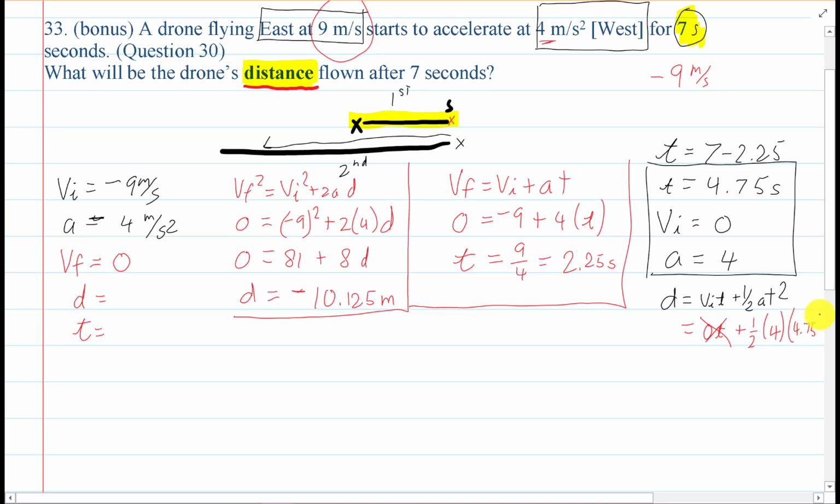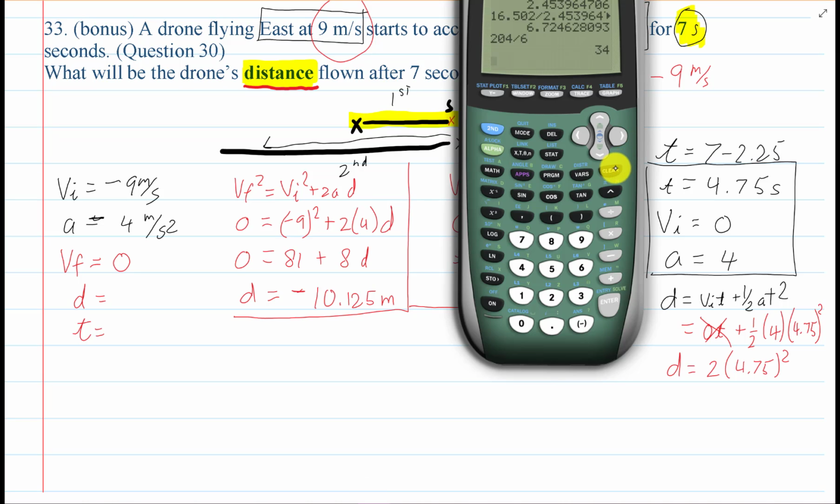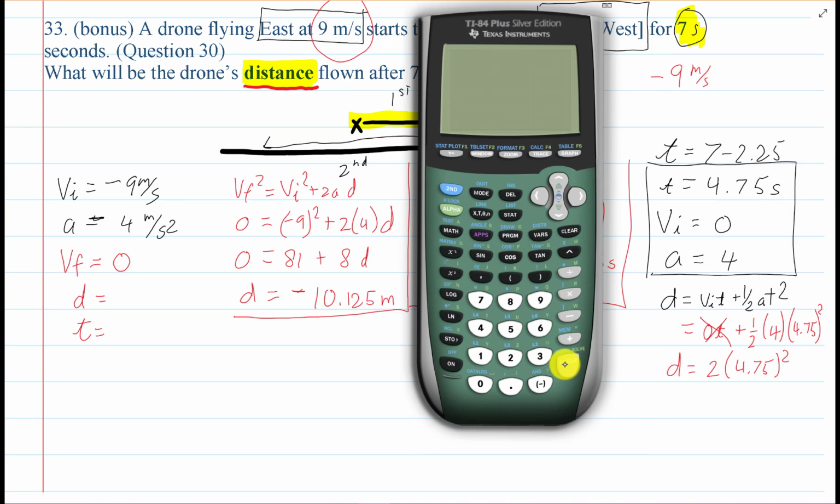So d is equal to 2 times 4.75 squared. And Mr. Calculator comes on up, and we'll go 4.75 squared times 2. This equals 45.125 meters.